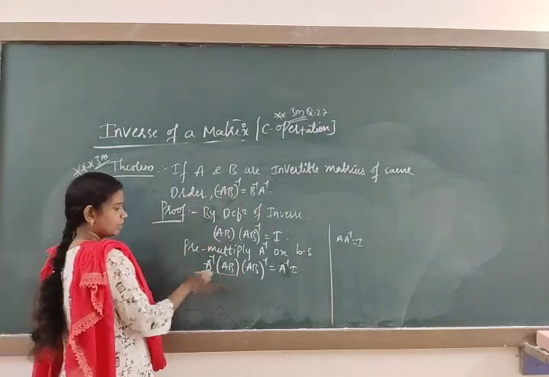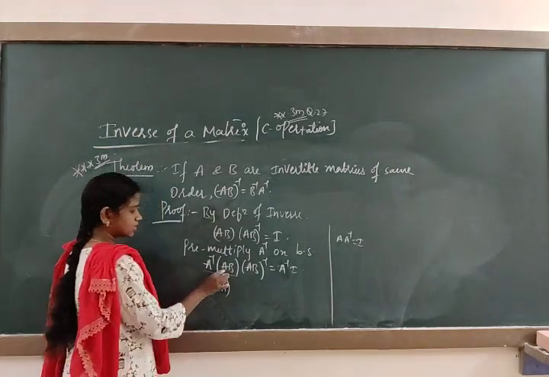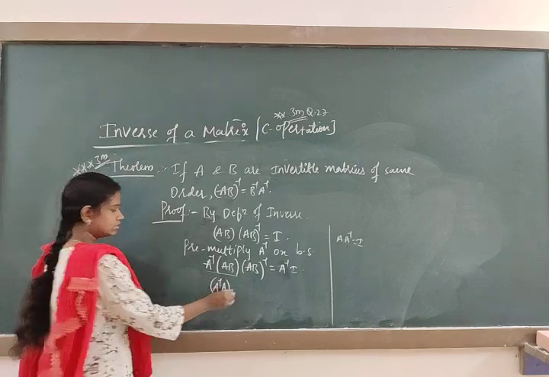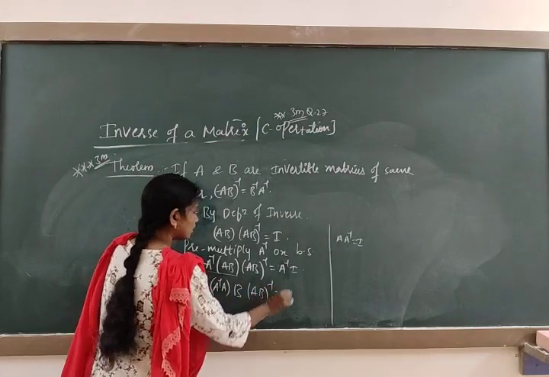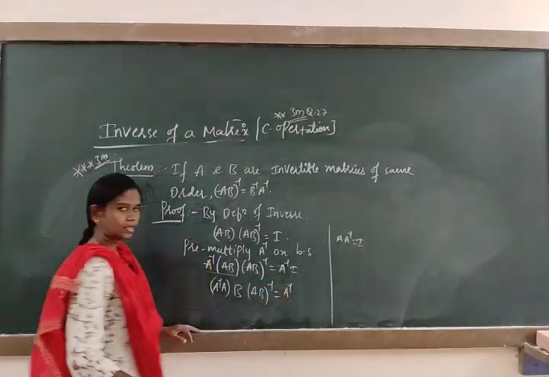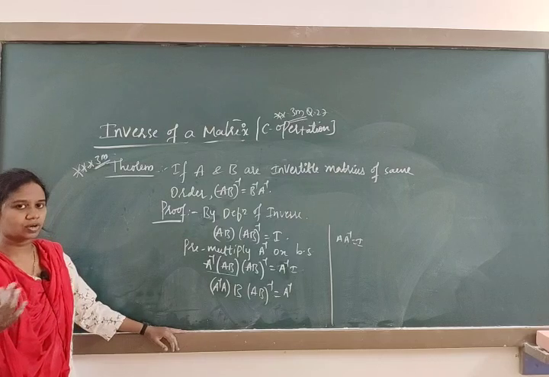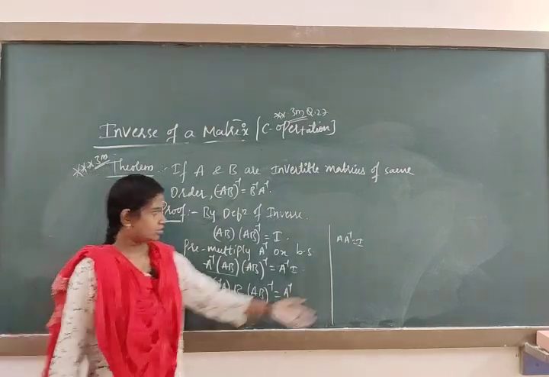So now make a grouping, it's the associative law. I'll change the brackets and make a grouping for this, and I'll write B, and this is AB whole inverse, and this is 1. 1 into something is something. I means always think of 1 in the case of matrices. Now according to the definition, what is A inverse into A?